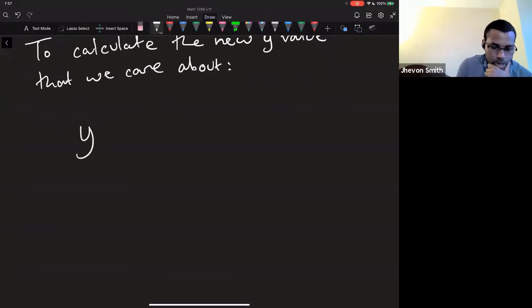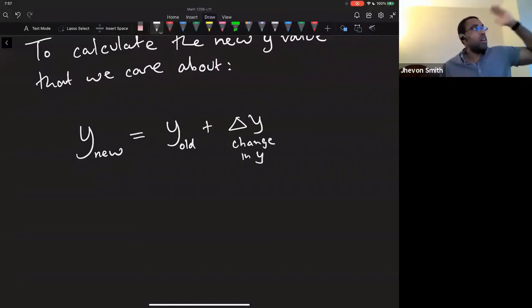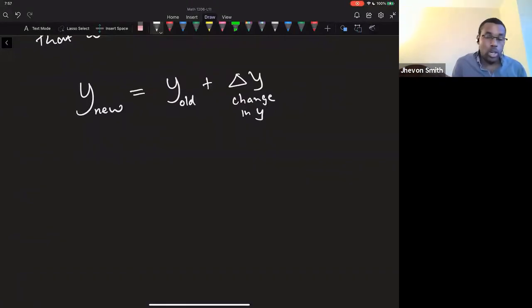So the new y value is going to be your old y value plus whatever change happens. Right? So the y value was 1, and then later on it's 3. The change in y was 2. You can get from 1 to 3 by taking 1 plus 2, right? Now we don't always know what this is.